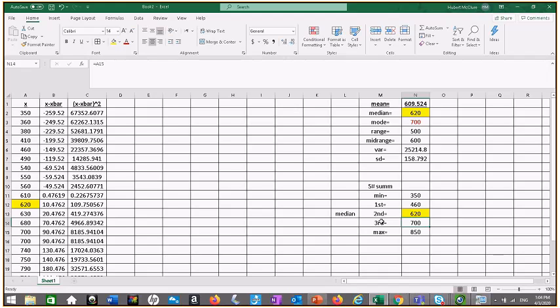Okay, now first quartile, let's see how many we've got up here. 1, 2, 3, 4, 5, 6, 7, 8, 9, 10. We've got 10, so I've got to pick the middle two. 1, 2, 3, 4, so it'd be 5 and 6. So we'll color those that color.